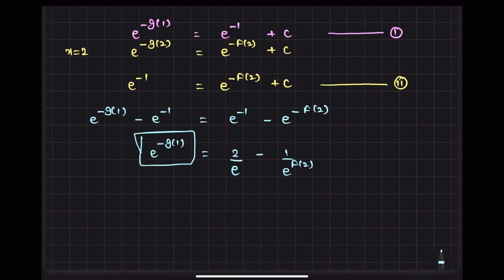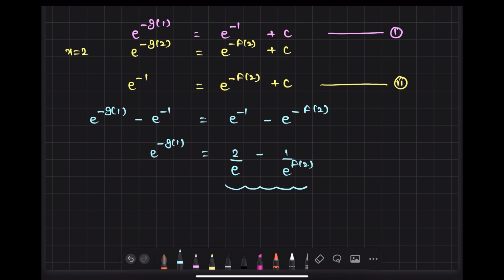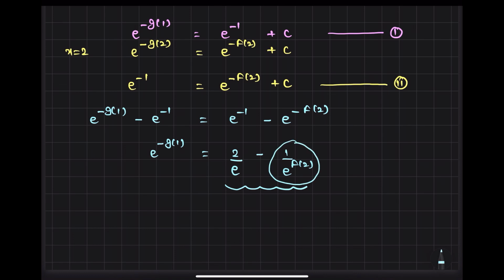Exponential function, which is a positive quantity. Correct? So if it is a positive quantity, this has to be a positive quantity. Correct? And this is also positive. This means that you are subtracting something from this thing. So can I say that e power minus of g1 is less than 2 by e?